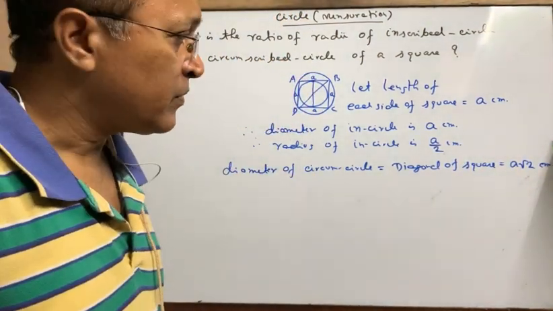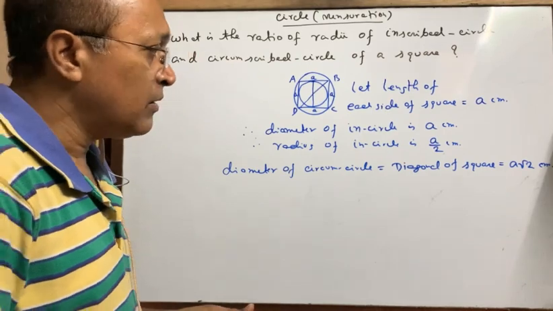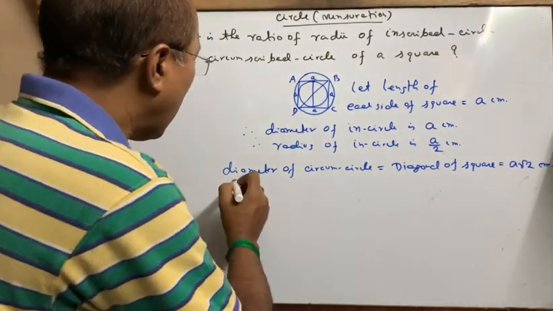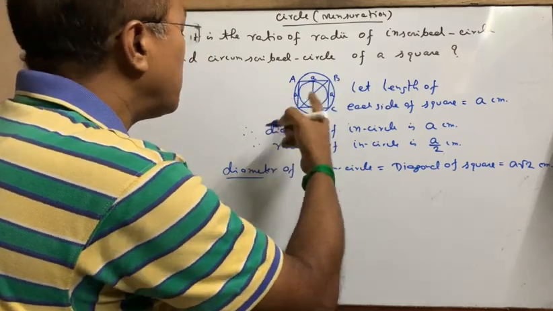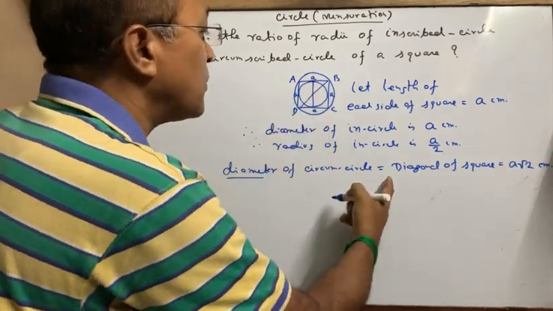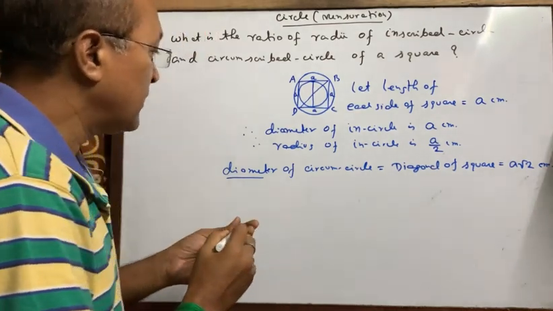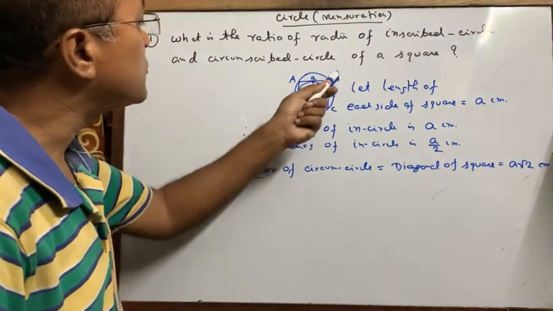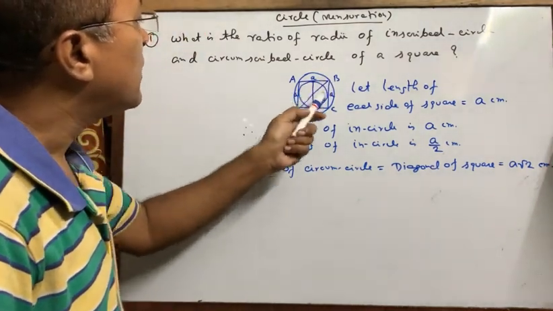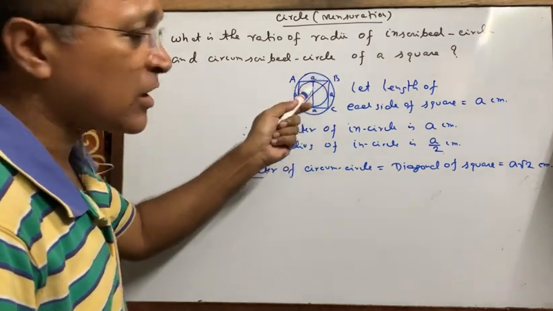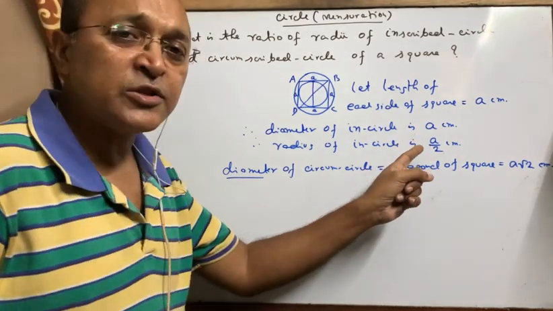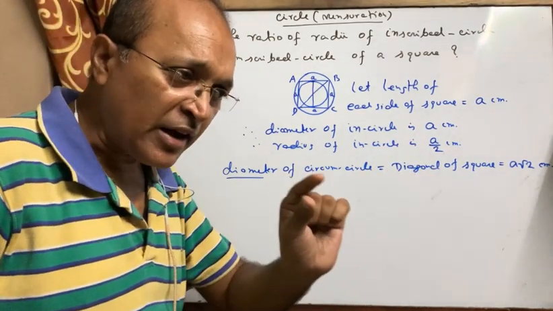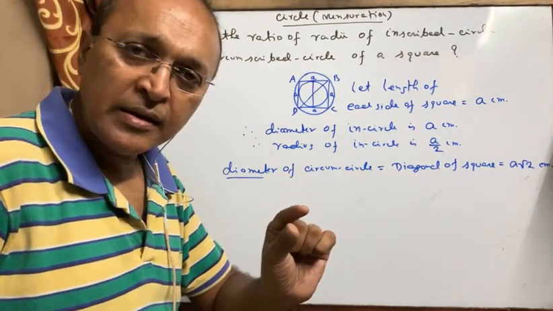Okay. So the diameter of the circumcircle is equal to the diagonal of the square. This one is the diagonal of the square, which is the diameter of the circumcircle, that is equal to a root 2, since we have considered each side of the square as a centimeter.